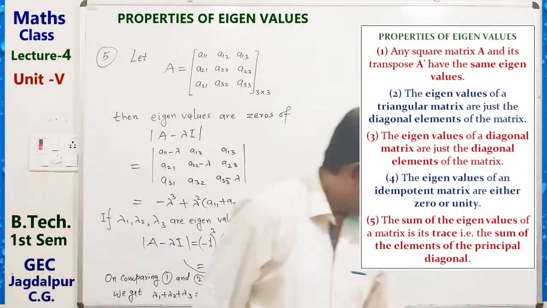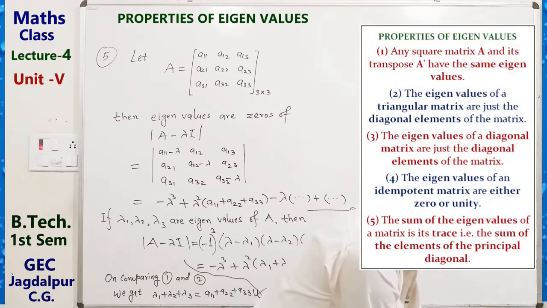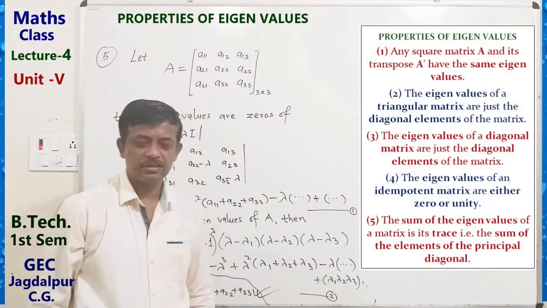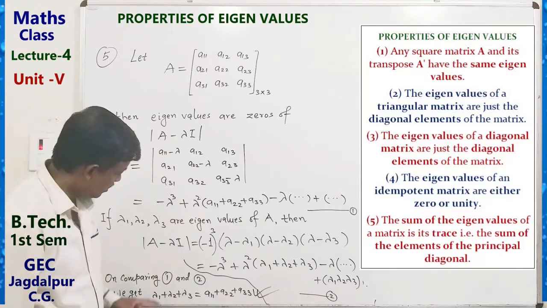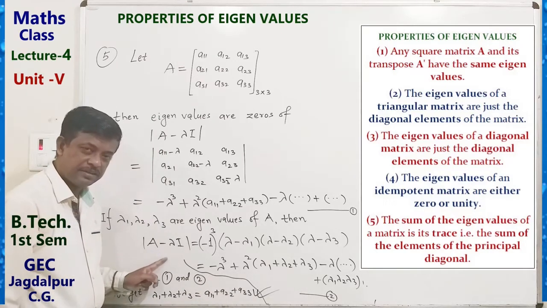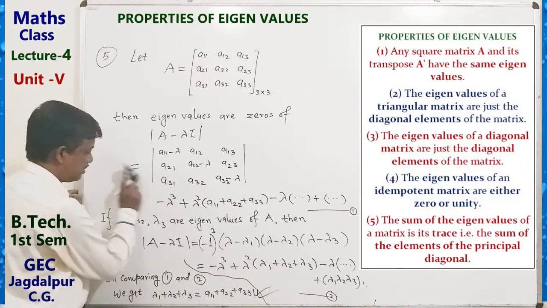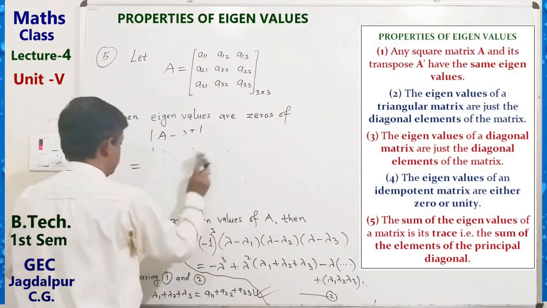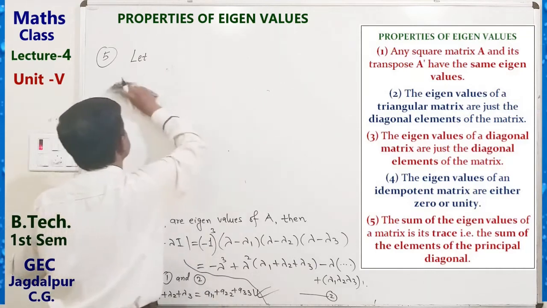And the next property is 6. The product of eigenvalues of a matrix is equal to the determinant of the matrix. So here, from this part, just see the 6th property.